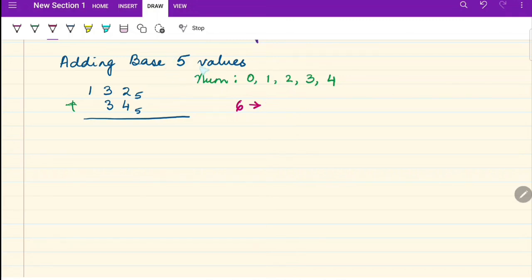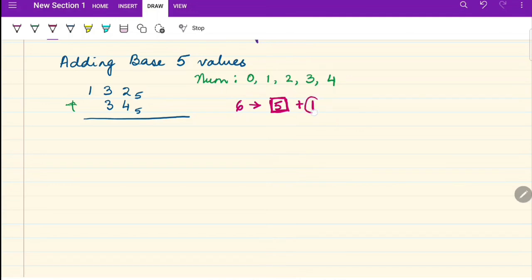Because this is base 5, this time you have to bundle in 5. So you have to create bundles of 5. All right, so 6 can be rewritten as one bundle of 5 plus 1, correct? This one bundle of 5 plus 1.